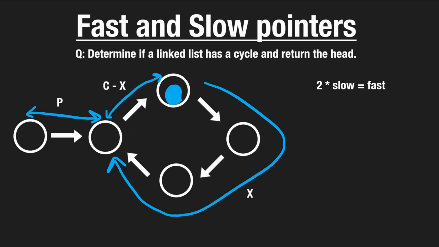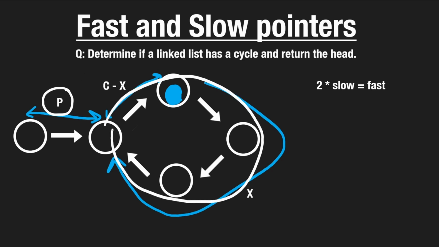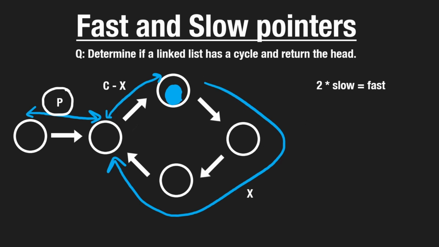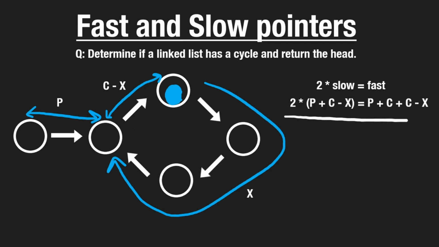The fast pointer will also have to travel this P distance. It'll also have to make an entire loop through the cycle, which we know is C, and then it'll also have to travel this portion, C minus X, and then the fast pointer will arrive at this spot. So by the time the pointers intersect, this is the distance that they would have to travel.